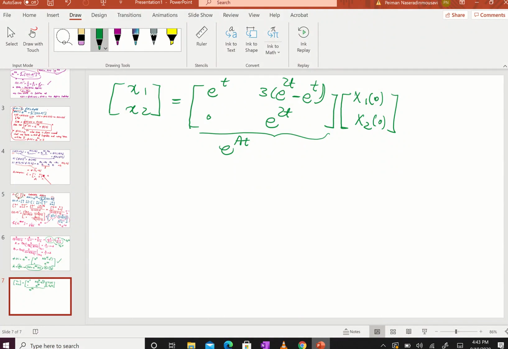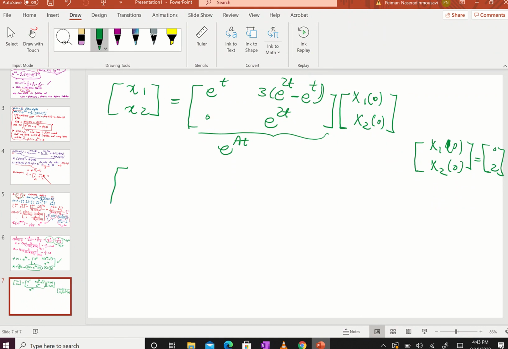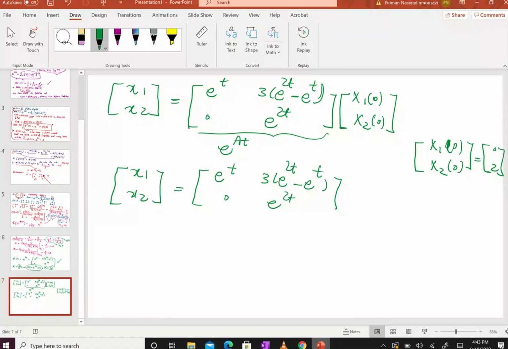Now if, for example, the initial values of the state variables, meaning the position and velocity, or the pressure and its derivative, or temperature and its derivative, are 0 and 2, just for example, you can find x1 and x2 as e^t, 3e^(2t) minus e^t, 0, e^(2t), times 0 and 2.